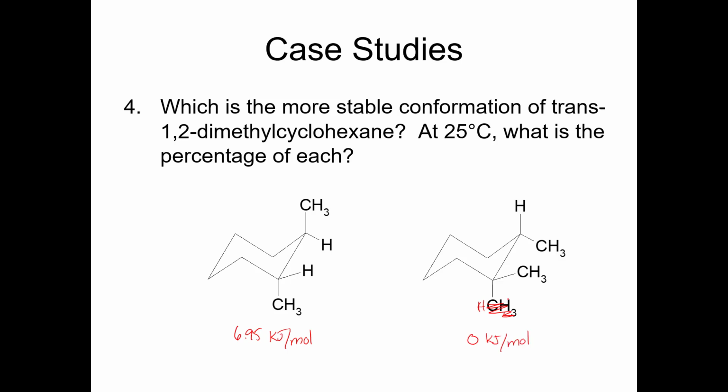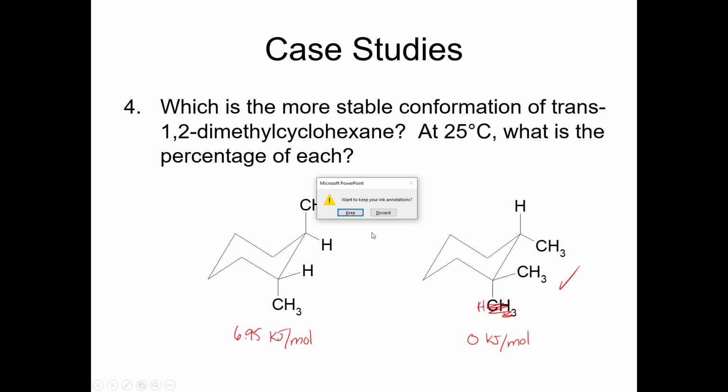So which one has the lower energy? That one. I think that's a question in the report form, so everybody should get that right. But that's as much as I'm going to give you.